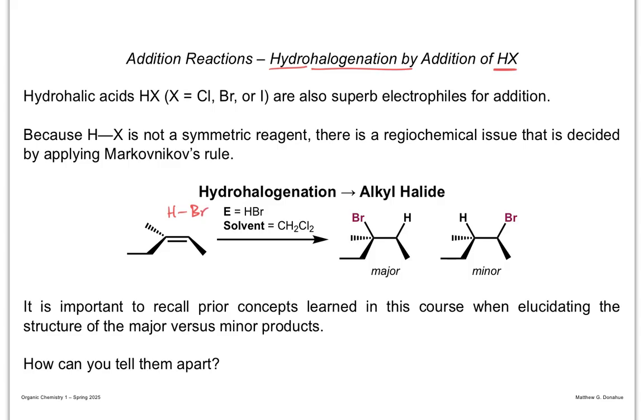So for example, if we use HBr, now the elements of the electrophile are different. They're two different things. So what's getting the H and what's getting the Br? It turns out the mechanism proceeds similarly to that of the hydration because of the Markovnikov rule. The major product ends up being the tertiary bromide. The minor product is the secondary.